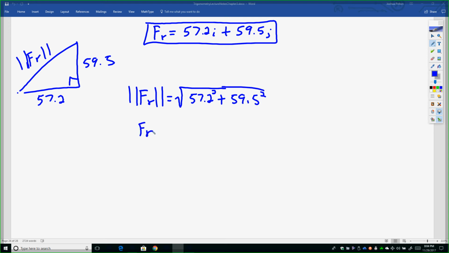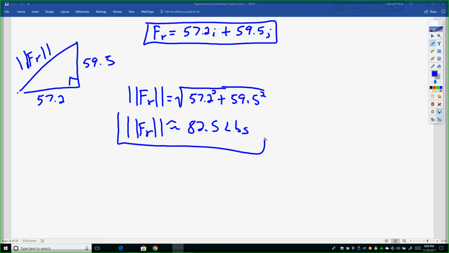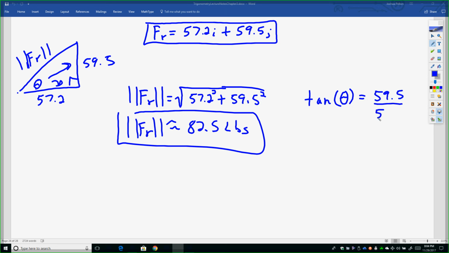So my magnitude result is approximately 82.5 pounds. And if I want to find the angle here, I have to use tangent. So that is the tangent of theta equals 59.5 over 57.2.